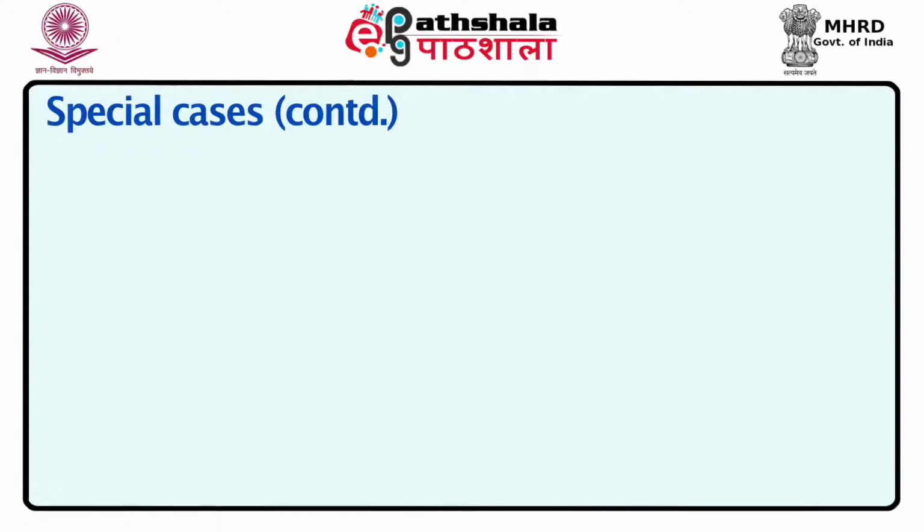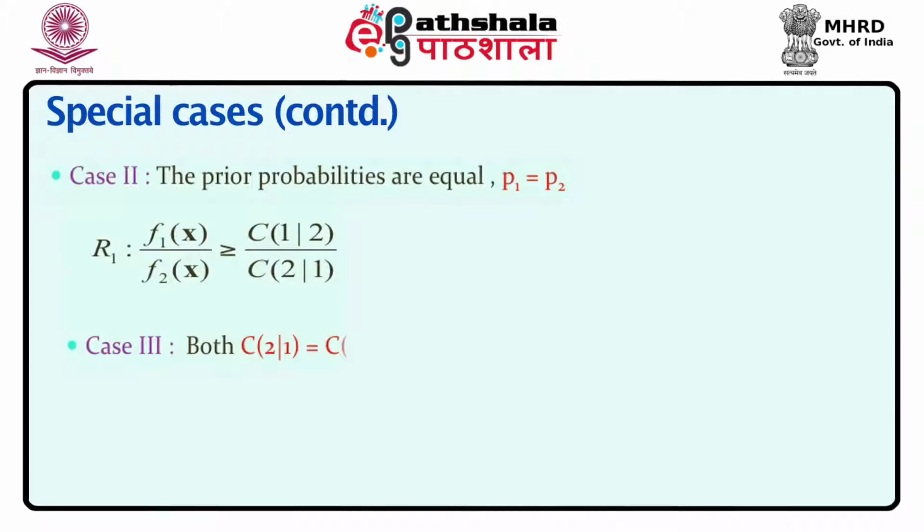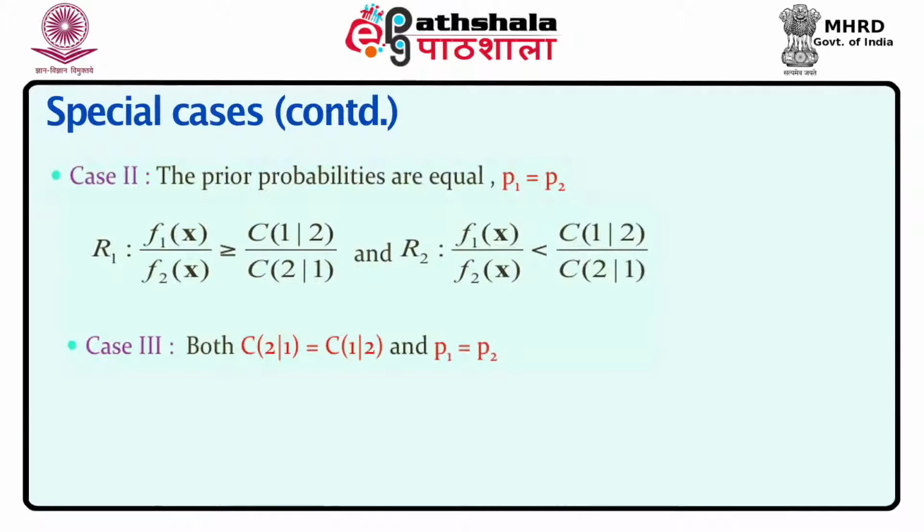Two other special cases. First of them is when the prior probabilities are equal. So if the chance of coming from either of the two groups is half, then f1(x)/f2(x) would be simply dictated by the ratio of the two costs. So f1(x)/f2(x) greater than C(1|2)/C(2|1) places the observation in the first group, and the ratio being less than C(1|2)/C(2|1) places the observation in the second group.